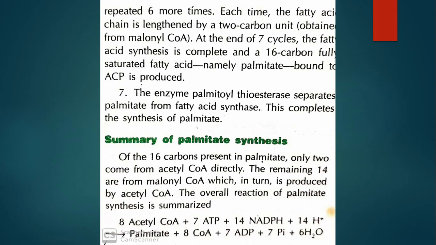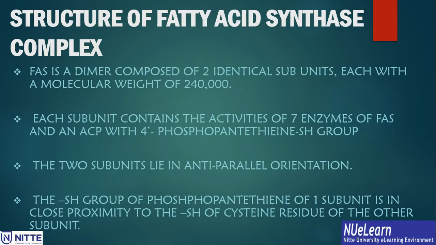Now, in the next slide, I'll explain what the structure of the fatty acid synthase complex looks like. Fatty acid synthase complex is a dimer, as I told you, which consists of two identical subunits. It is a multi-enzyme complex.